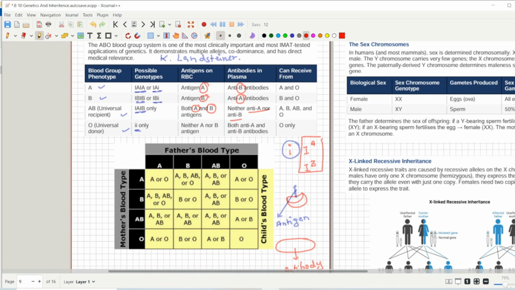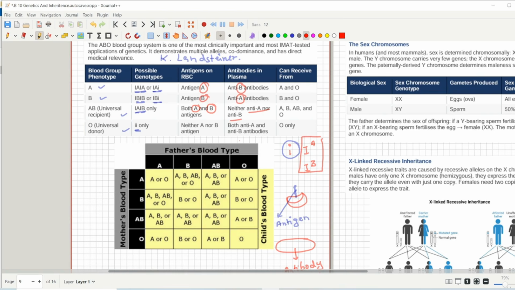Obviously they will have other antibodies, but not anti-A or anti-B. You have to know that there are different types of antibodies in your body, and their antibodies have different functions, but they will not kill antigen A or antigen B.